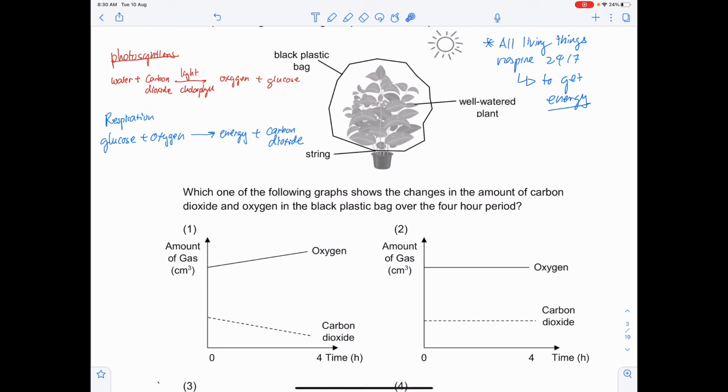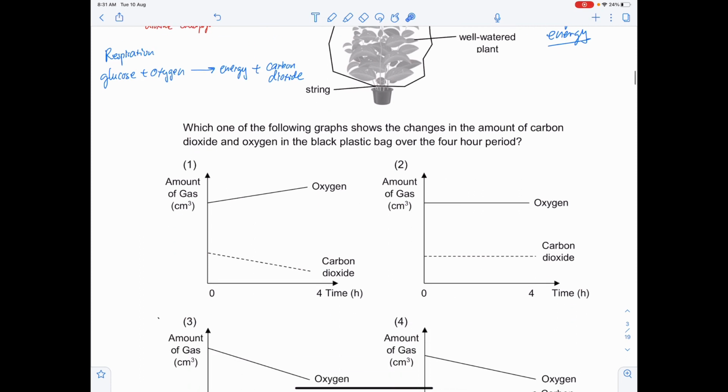And when there's excess, it will give it out. So that is what happens during photosynthesis for plants. But students tend to think that just because the plants are giving out oxygen, it is not respiring. That's not correct.